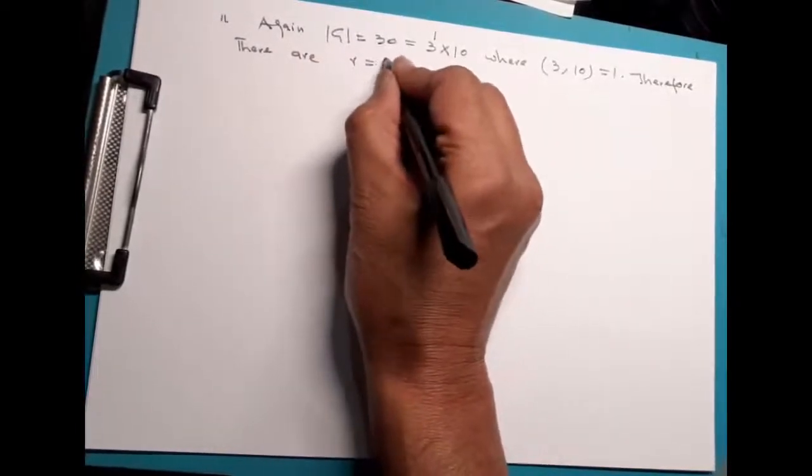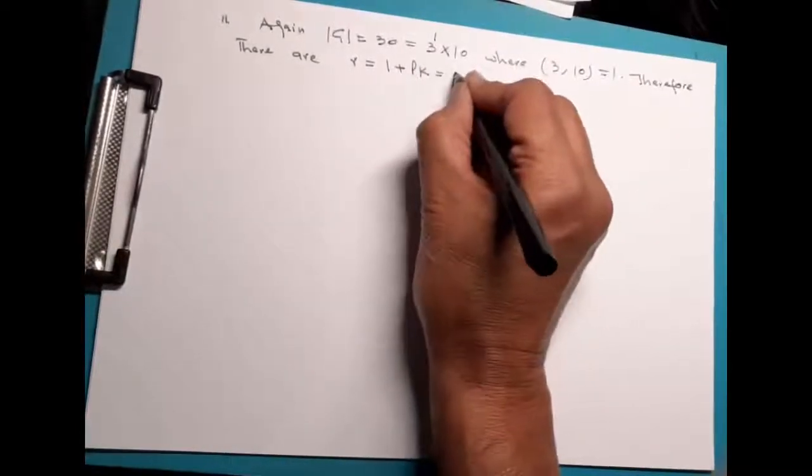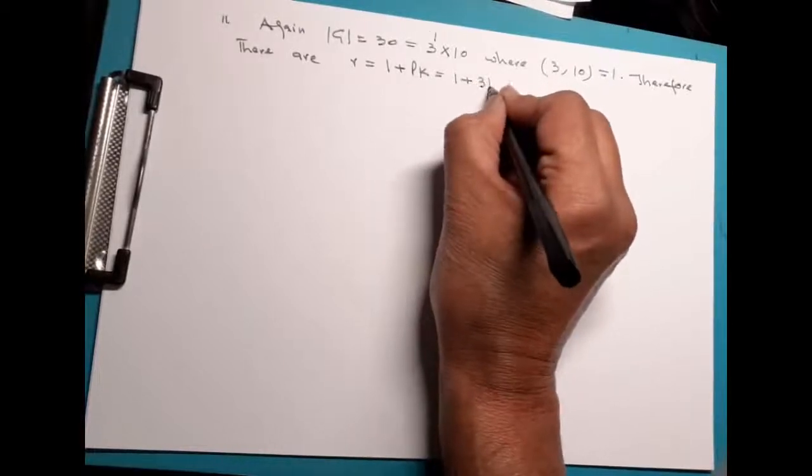R is equal to 1 plus pk, which will be equal to 1 plus 3k.